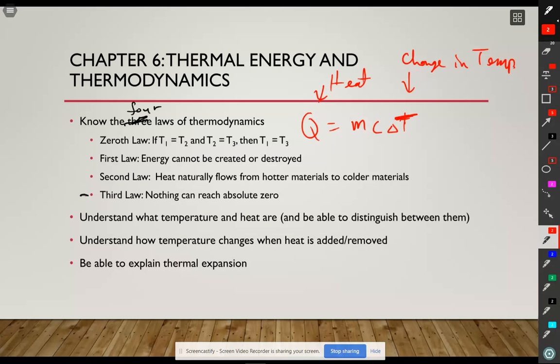And that is important. The specific heat for water is large compared to most other materials, which means that water has a significant effect on our temperatures. If you're around a lot of water, like if you live next to the ocean, and you have a lot of heating coming from, let's say, the sun or hot air, it's not going to cause the ocean temperature to change very much because it has a large specific heat.